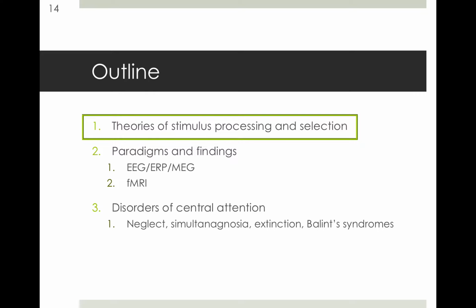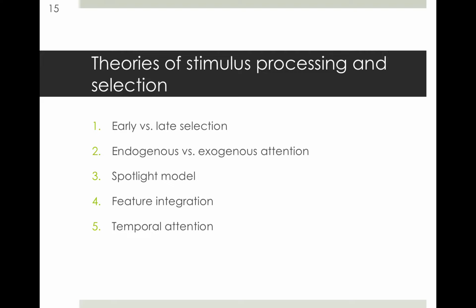So, how have people thought about attention? We know that it has something to do with paying more mental or cognitive resources to some stimuli as opposed to others. Maybe it has to do with selectively attending to one thing over others, or maybe it has to do with different stages of processing in the brain.